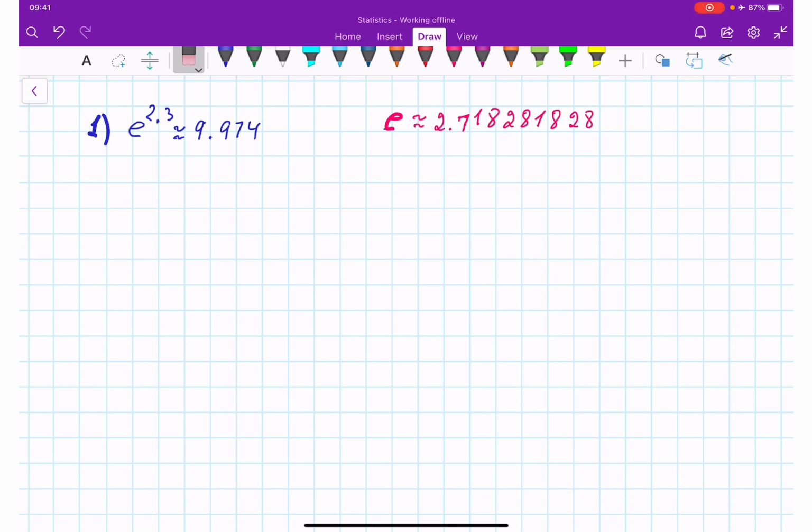Question number 2. e to power negative 0.08. Now this is interesting, since let me remind you about properties of exponents.